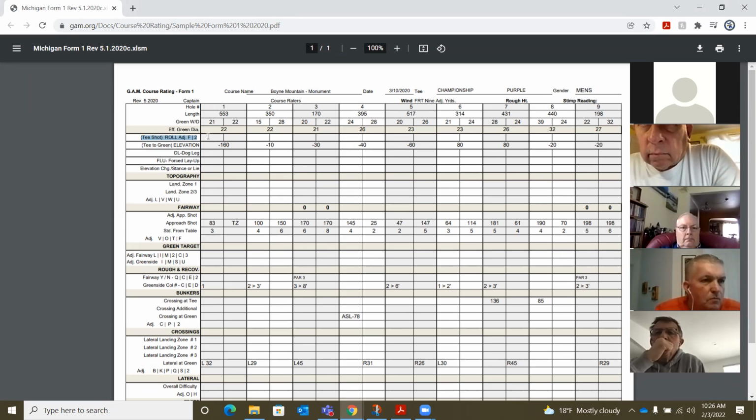And if we talk about the first hole, let's just do a subsequent shot for now. If I have a subsequent shot and I'm going to have a roll adjustment, let's say it's going to hit into, in this case, the tee to green elevation is showing us minus 160 feet.